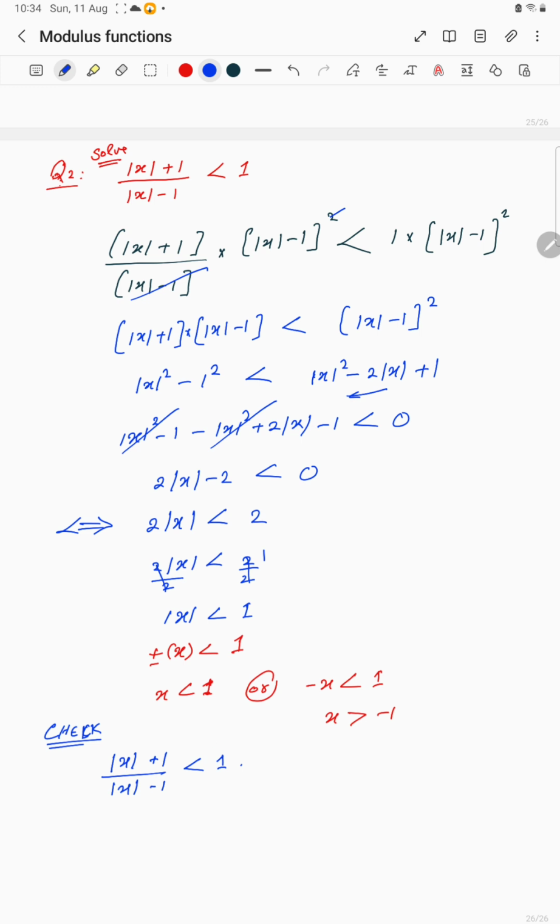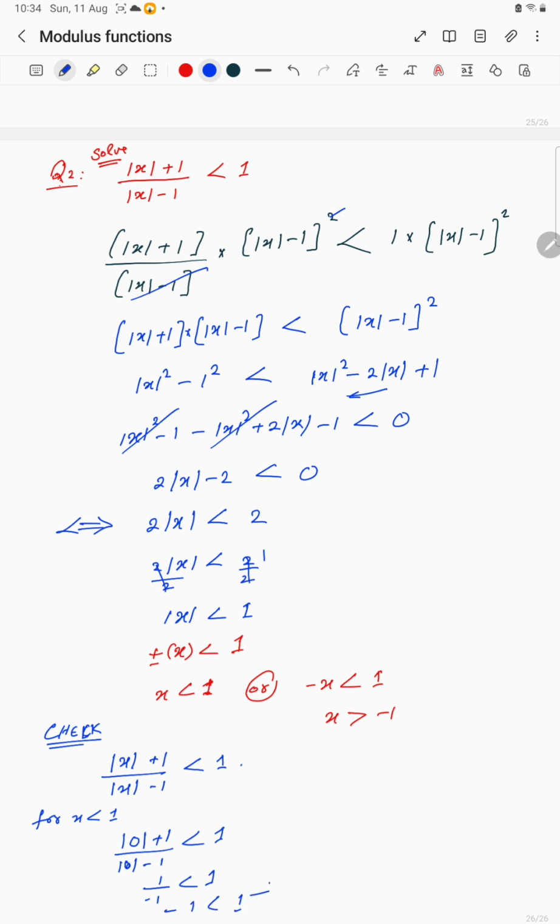So first for x less than 1, you can replace it with 0, or any other number. 0 plus 1 over mod 0 minus 1 less than 1, we get 1 over minus 1 less than 1, that is minus 1 is less than 1.